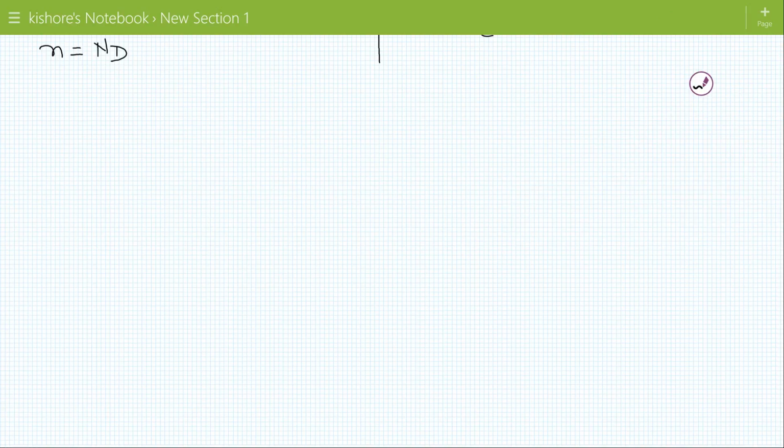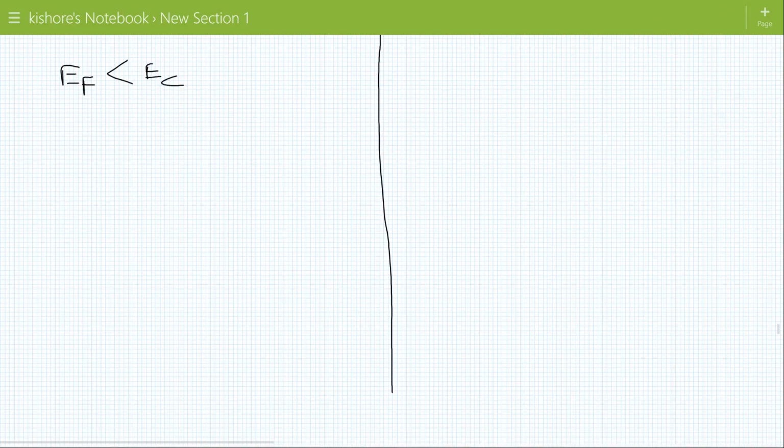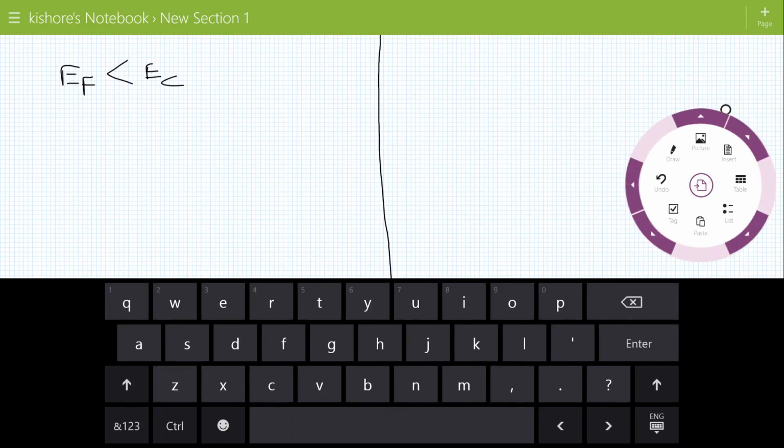If natural log of Nd by Nc is negative, then this will give Ef less than Ec, which means if the N-type semiconductor is lightly doped, then the Fermi energy level is below the conduction band.